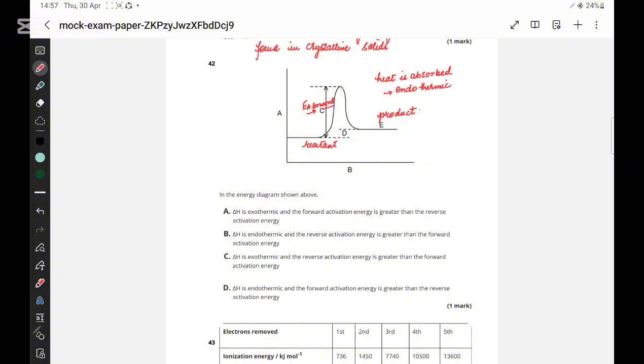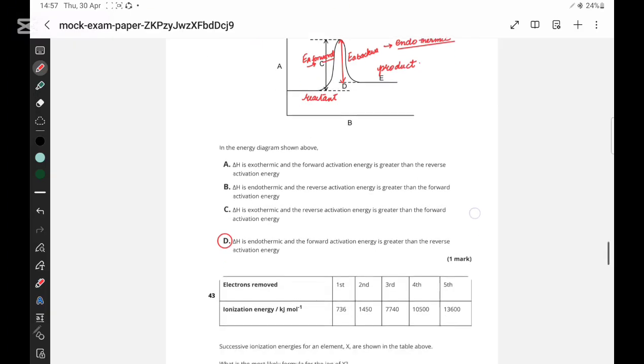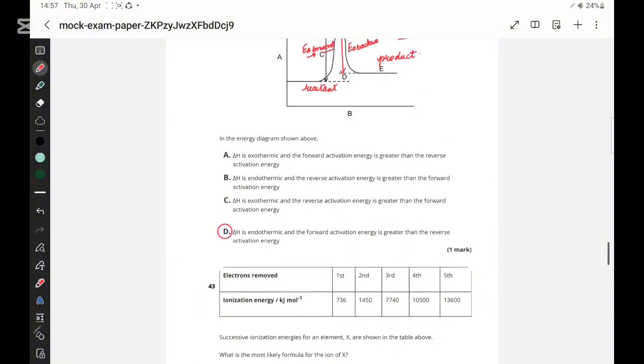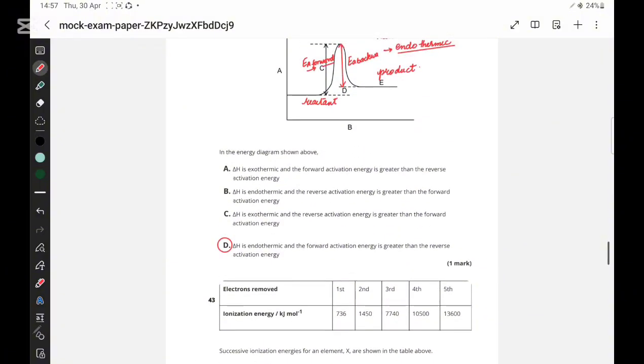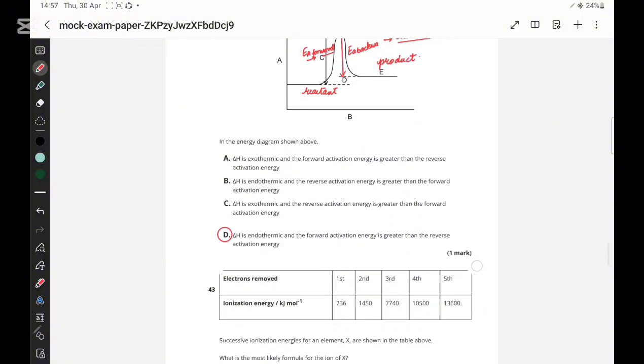And for the backward reaction, from this point to this is going to be the activation energy for backward. So the activation energy for the forward reaction is greater and the reaction is endothermic. So option D is stating that delta H is endothermic and the forward activation energy is greater than the reverse activation energy.